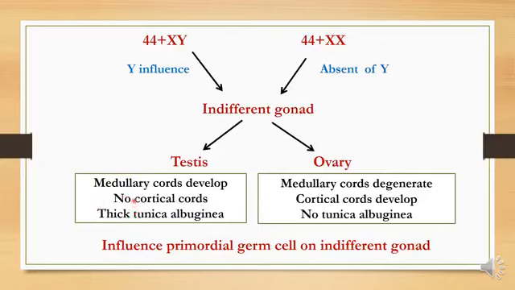In the male, there are no cortical cords; the primitive cords proliferate, forming the medullary cords, while in the female the primitive cords proliferate and form the secondary cords, called the cortical cords.